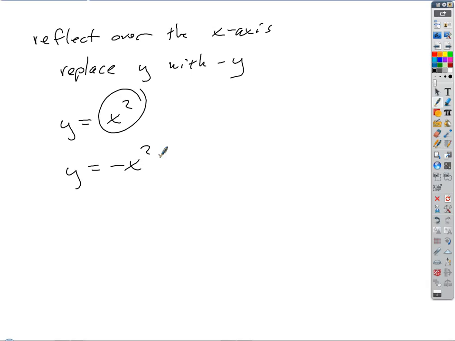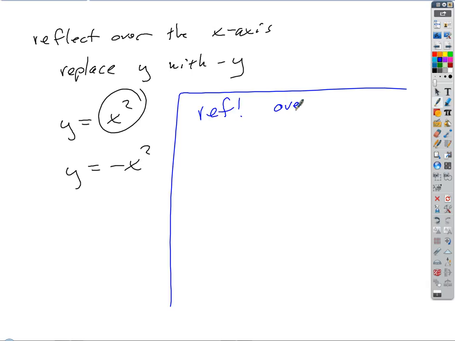How do we reflect, by contrast, over the y-axis? What do you think we do? What do we replace with something? Yeah, we just replace x with negative x. Exactly. That's all we have to do.